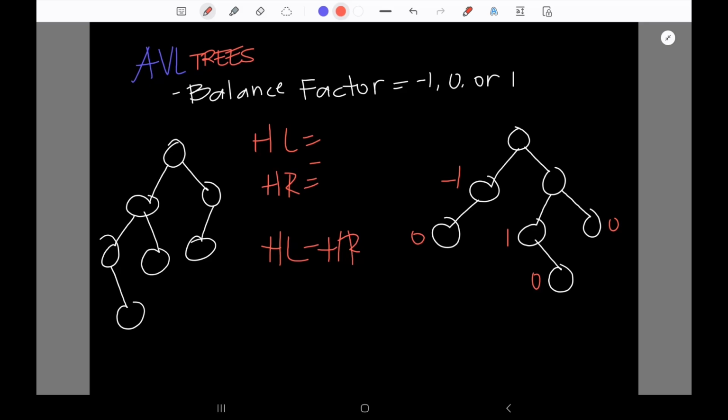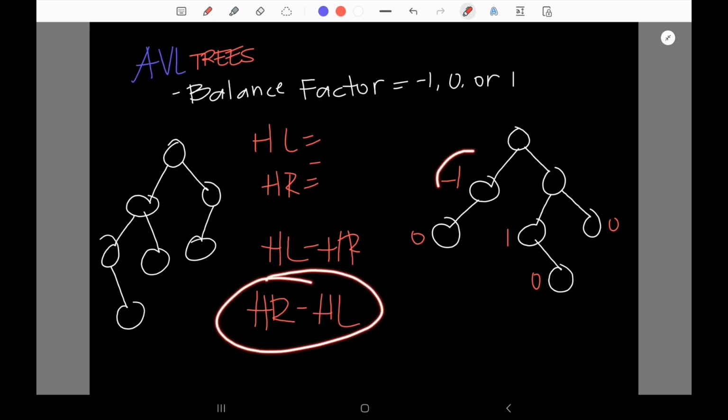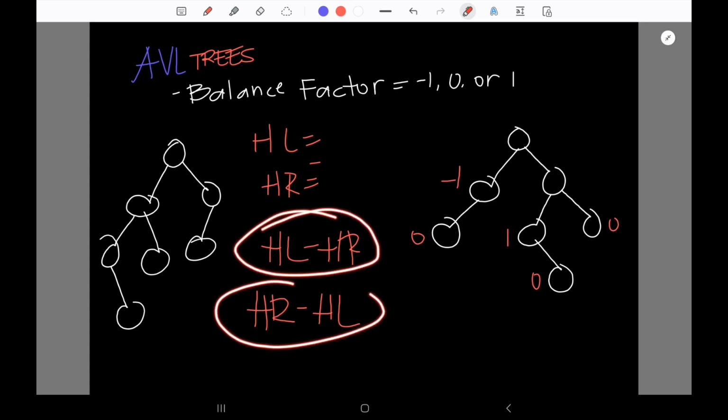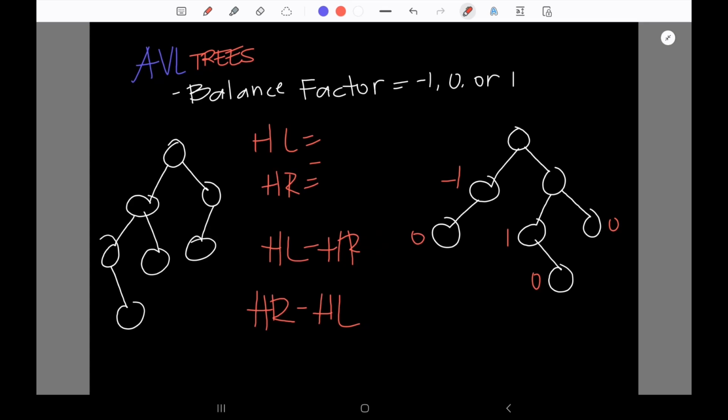But if you go with HR minus HL, this one's gonna be 1, and this one's gonna be -1. So we have to be consistent on what we use. It's totally up to you. So for now, we're gonna use this one.